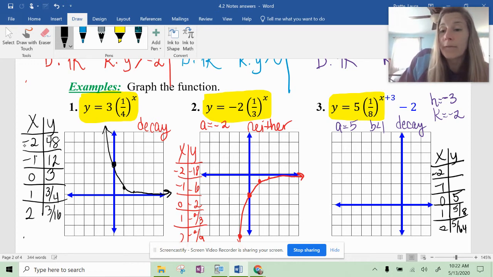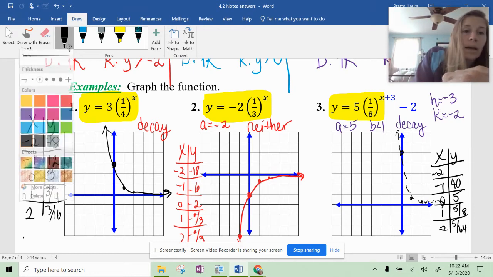If I put a -1 in there, that flips my 1/8 and I get 40. And then I'm not even going to bother with the -2. It's going to be a gigantic number, so it's off the graph. So (0, 5), (1, 5/8), (2, whatever). So this is my parent function with the black dotted line here.